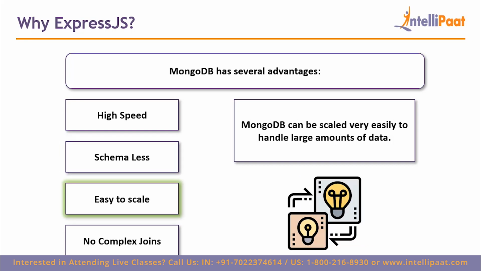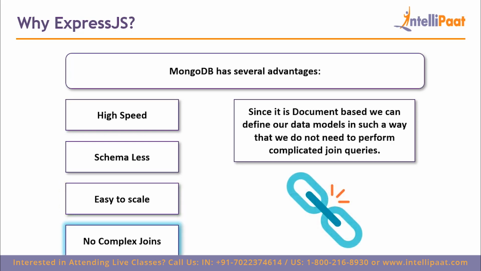It's easy to scale. MongoDB can be scaled very easily to handle large amounts of data by just spinning up new clusters. And finally, because it's a NoSQL database, it allows us to perform data queries that do not require complicated joins.